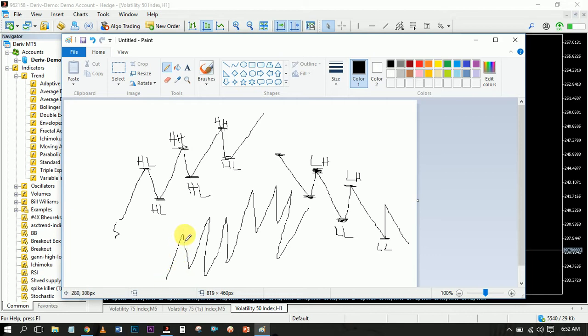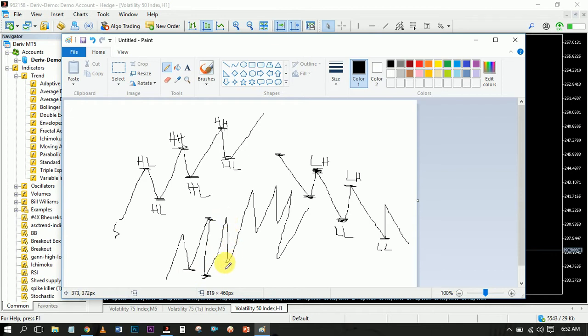You can see a higher low here, then you can see your higher high here, then this dropped below the higher low, so we now have a new higher low which is different from this.